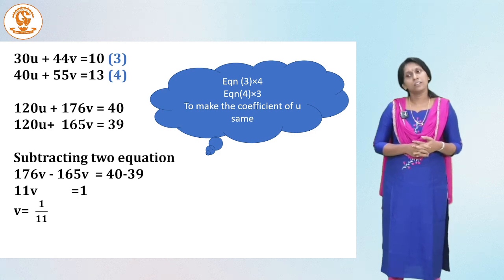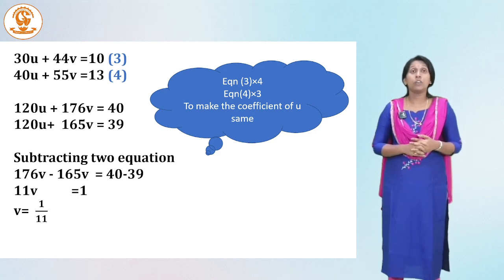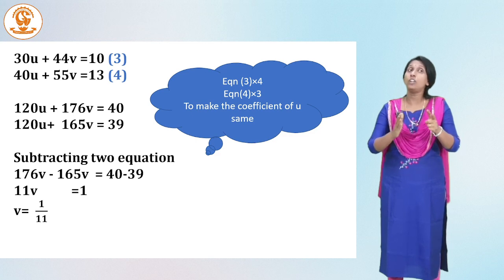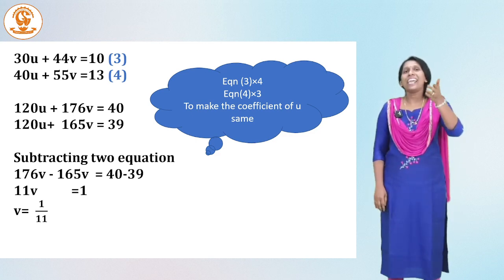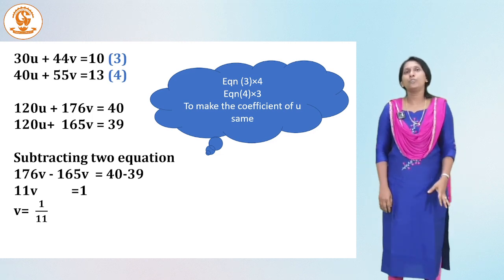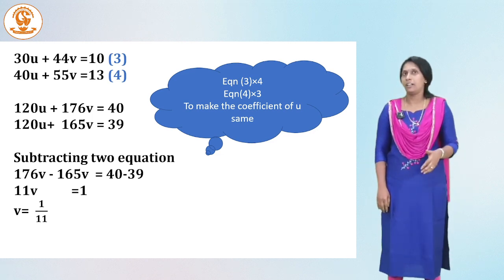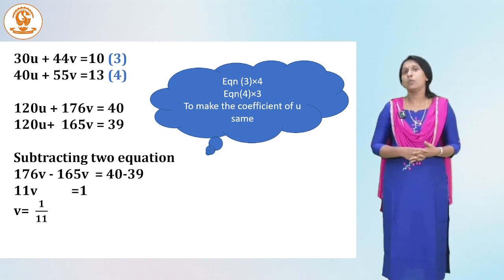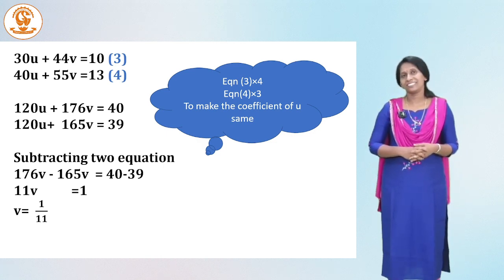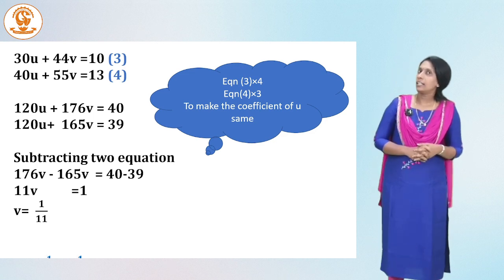It is 1 by x plus y. So what we got is the value of 1 by x plus y, so 1 by x plus y is equal to 1 by 11. Isn't it? So, what is x plus y equal to? 11. Clear?